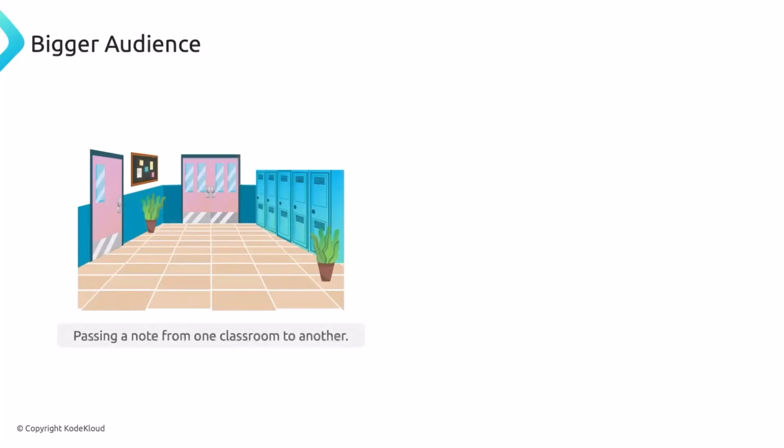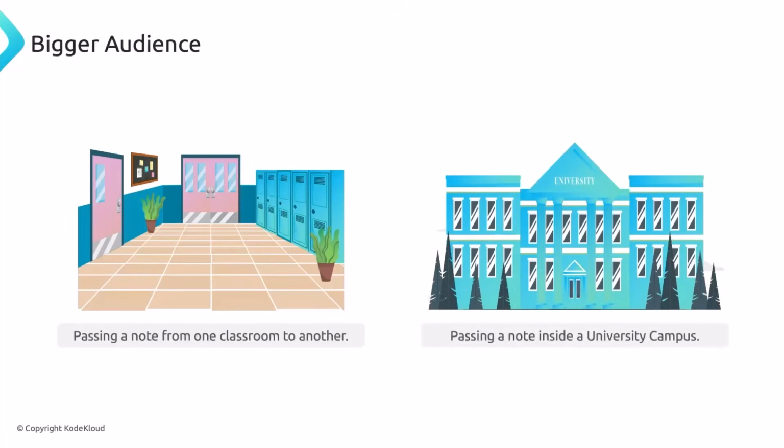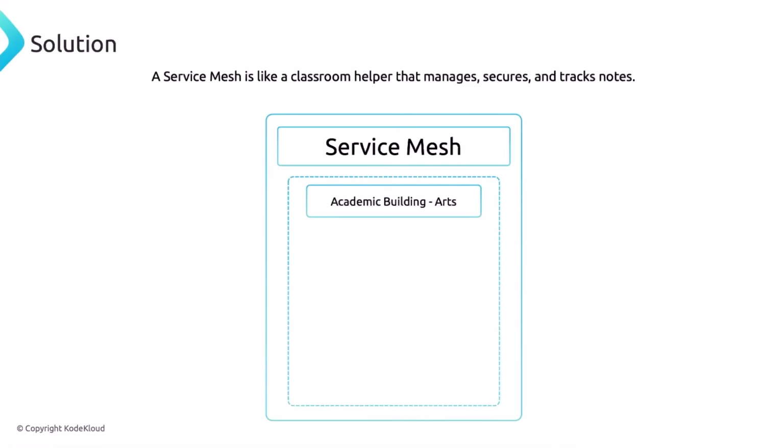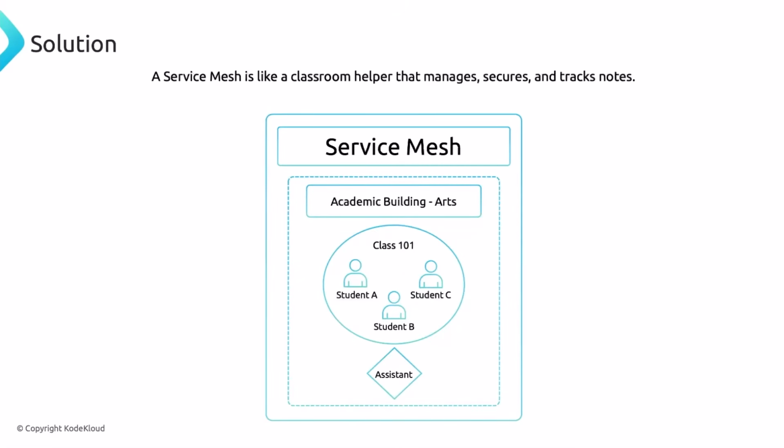Now, if you think one big classroom was difficult, what about passing a note from one classroom to another? What about passing notes inside of a university campus from one academic building to another? The solution? A service mesh. A service mesh is like a classroom assistant that will organize, secure, and track the notes being passed around the class.